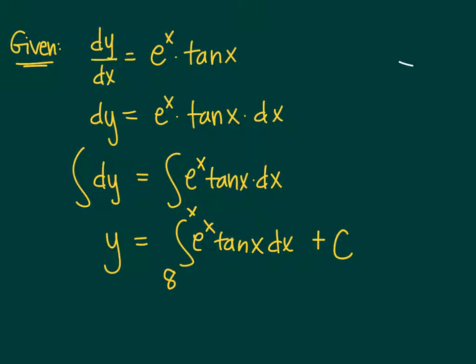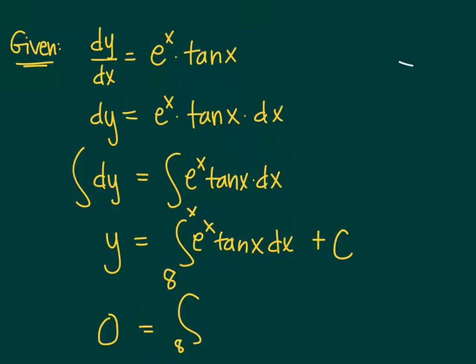Now, how are you going to find c? Well, to find c, we're going to plug in the initial condition that we have, which is (8, 0). So where does the 0 go? The 0 goes for y.